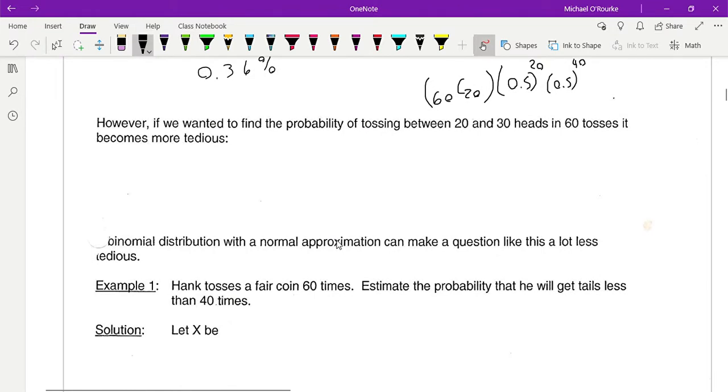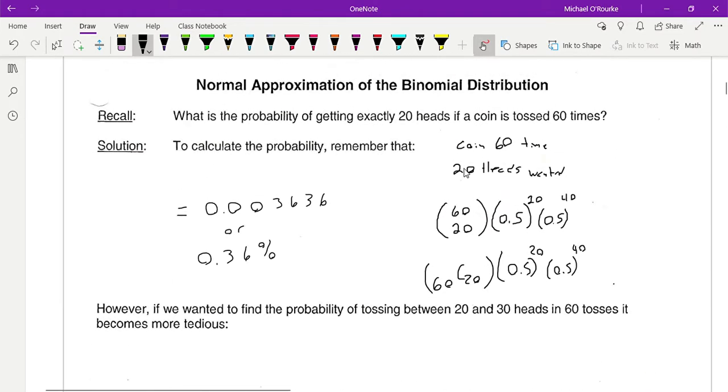So, what if we wanted the probability of tossing between 20 and 30 heads in 60 tosses? This one here is really good for finding like 1 or 2 or 3, correct? It's pretty easy. You can run the numbers somewhat quick.